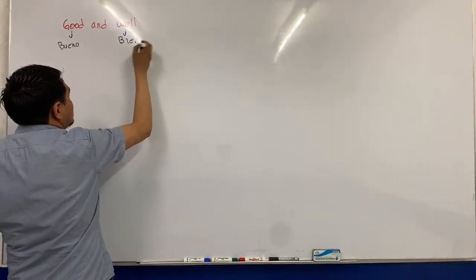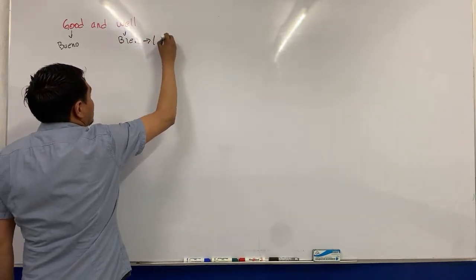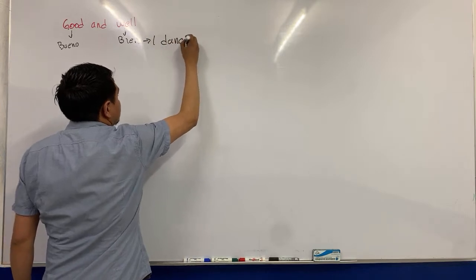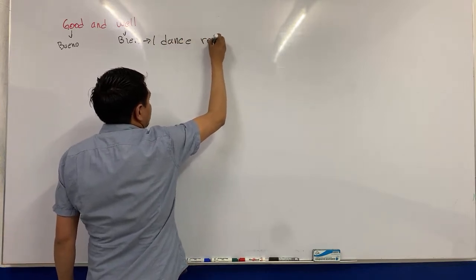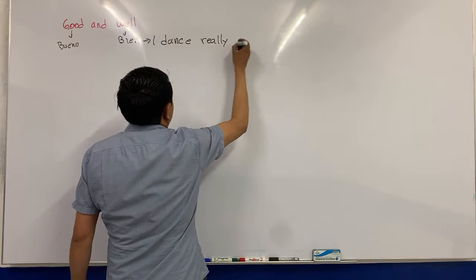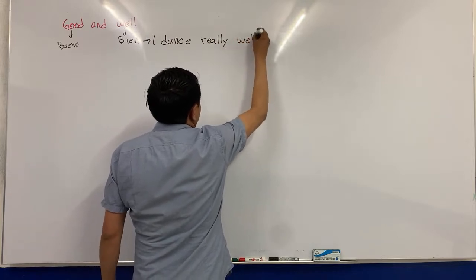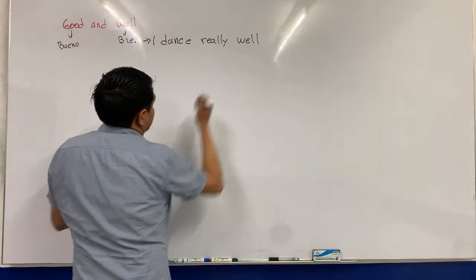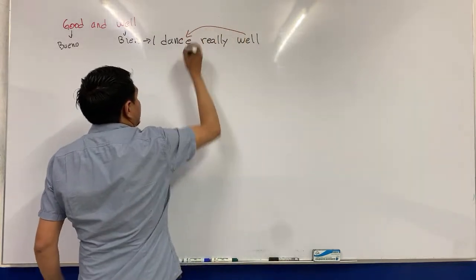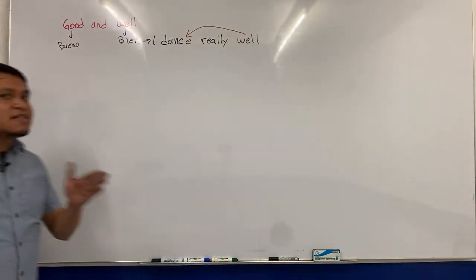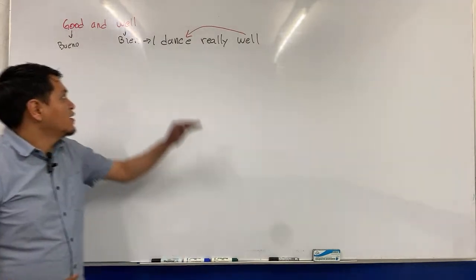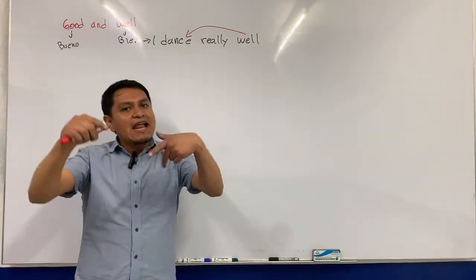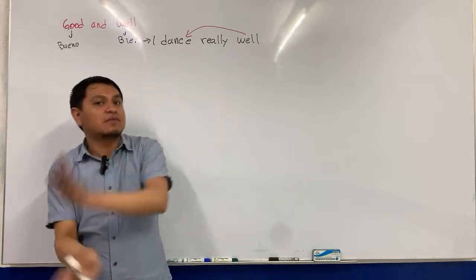For example, I dance really well. In this case, well is modifying the verb, right? I dance really well. Yo bailo realmente bien. Es un adverbio.